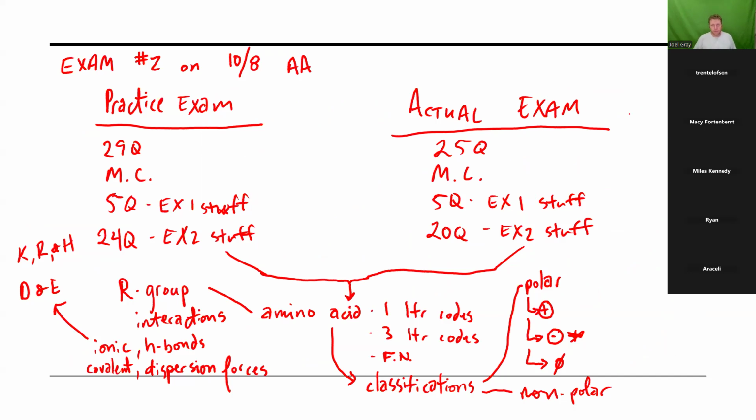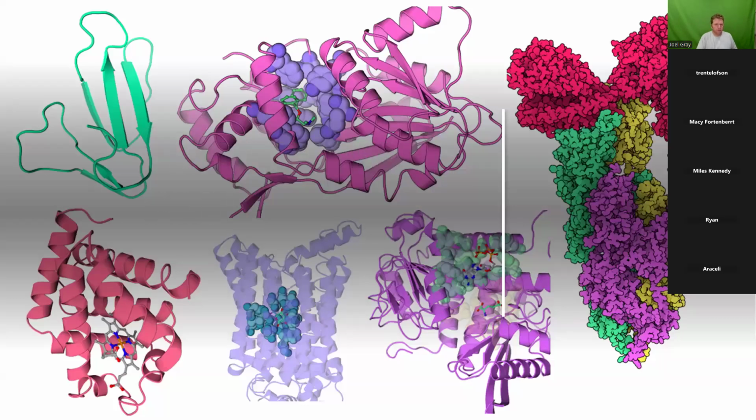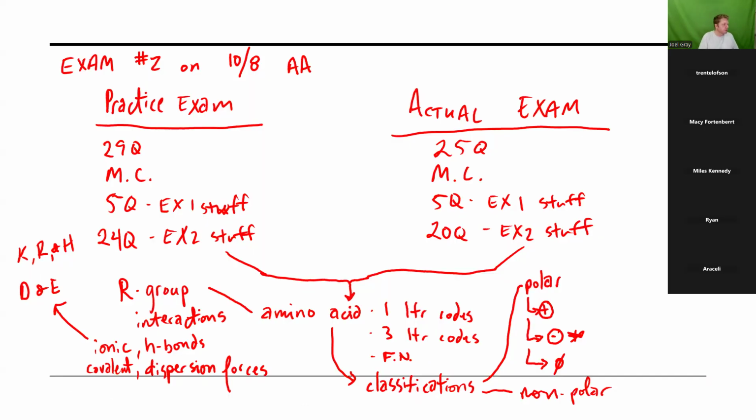This practice exam is there. You will get feedback on that practice exam. So when you complete that practice exam, you'll get a score. And the questions I think are 4 points apiece, just like on your actual exam.